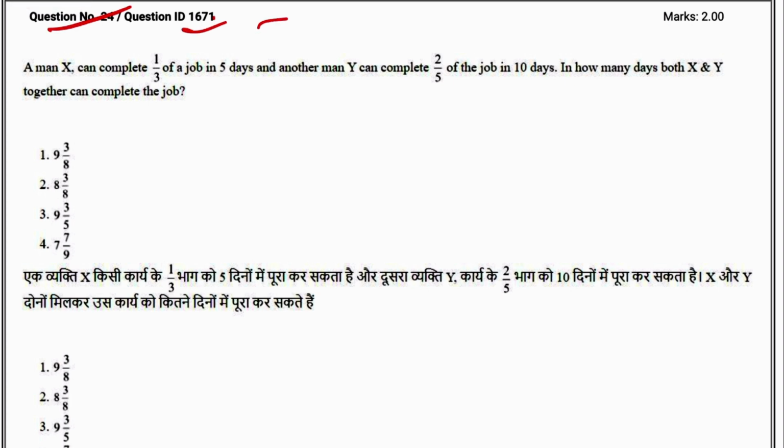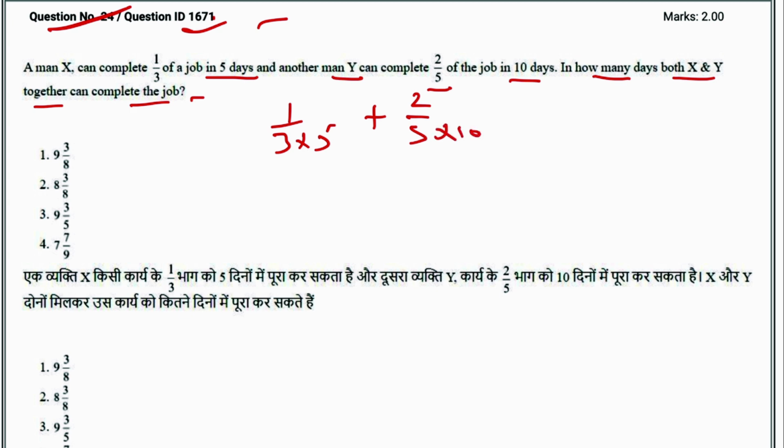Next is 71. A man X can complete 1/3 of a job in 5 days. Another man Y completes 2/5 of a job in 10 days. In how many days can both X and Y together complete the job? So 1/3 into 5, that is 1 upon 15, plus 2/5 into 10, that is 1 upon 25, is equal to 8 by 75.